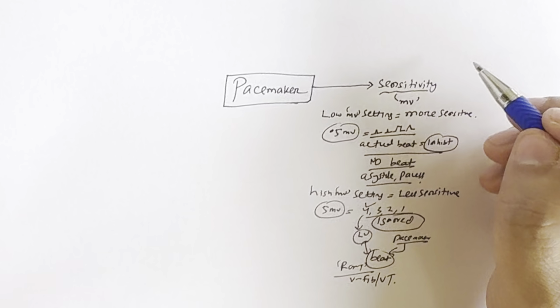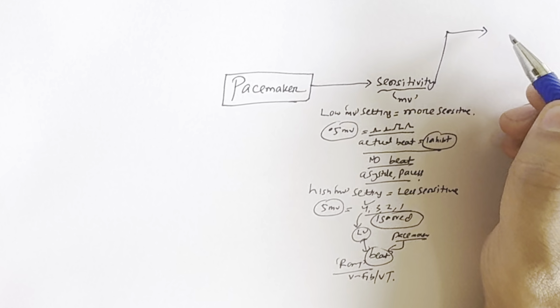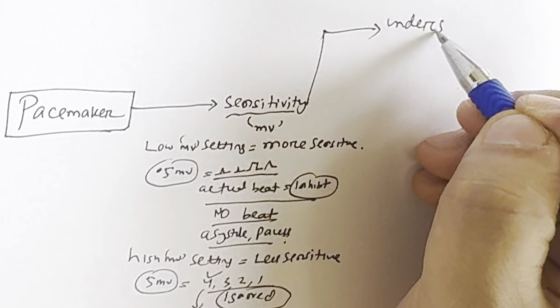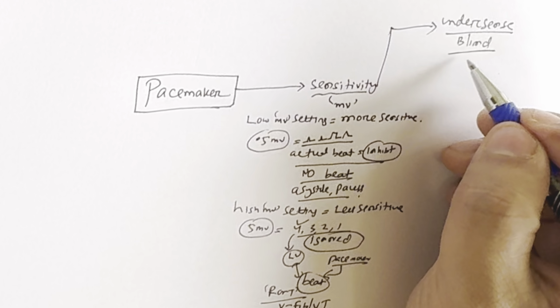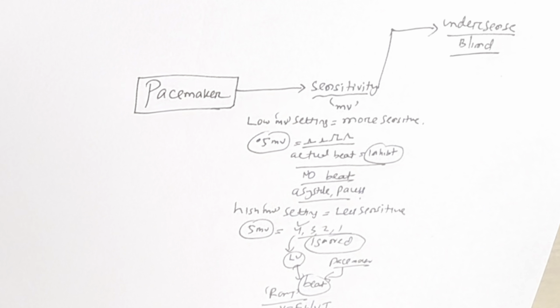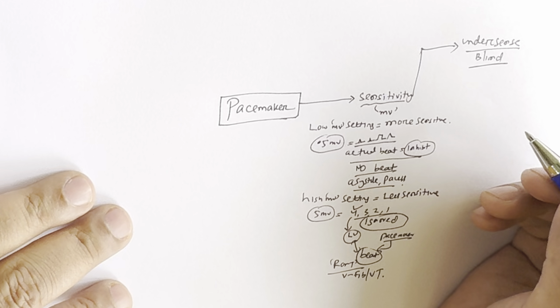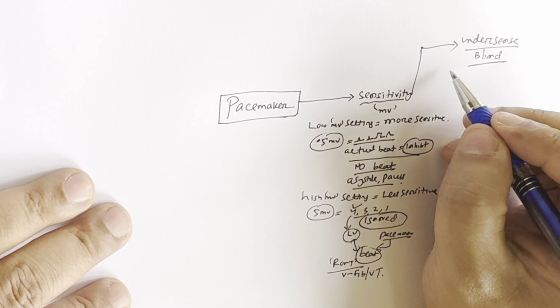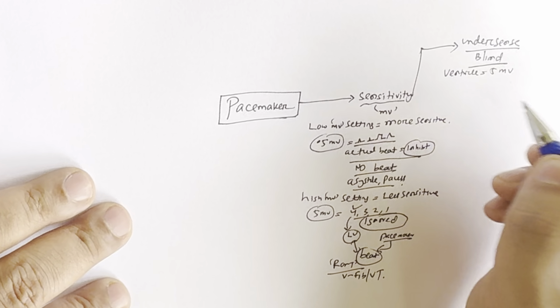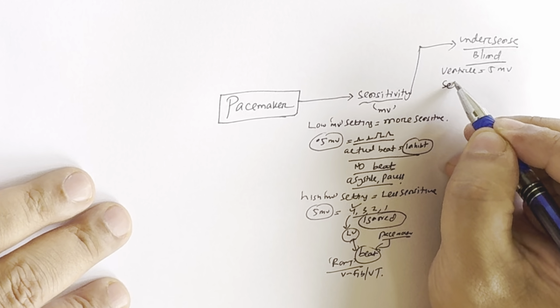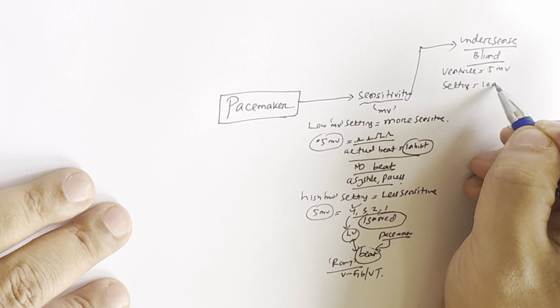So there are two things. One is called undersensing. How to remember this? The pacemaker is blind. Blind means it is not reacting to anything. The same example: the ventricle beats at 5 millivolt and the sensitivity setting on your pacemaker is 10 millivolt.